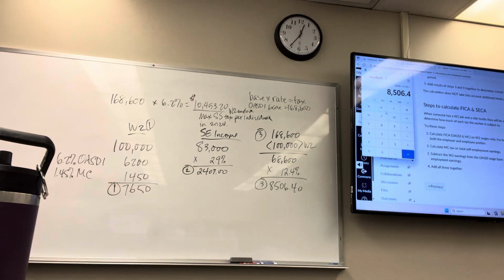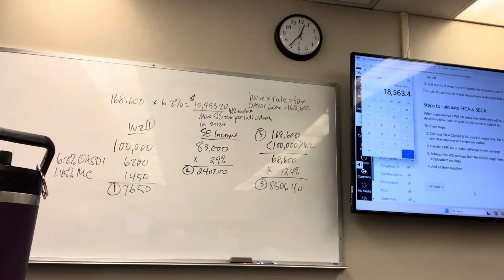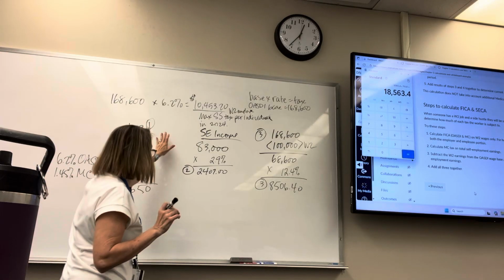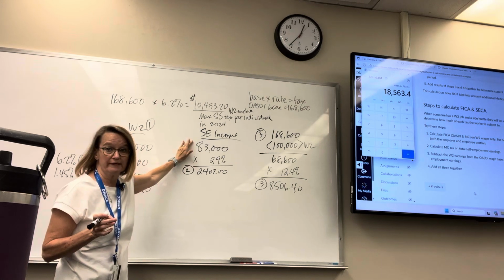So in total, the last part, if the problem is asking you how much in total in Social Security and Medicare tax did they pay from both, you add all three together. Okay, so 8,506.40 plus 2,407 plus 7,650, they paid $18,563.40 total in Social Security and Medicare taxes on $100,000 of wages and $83,000 of net self-employment income.